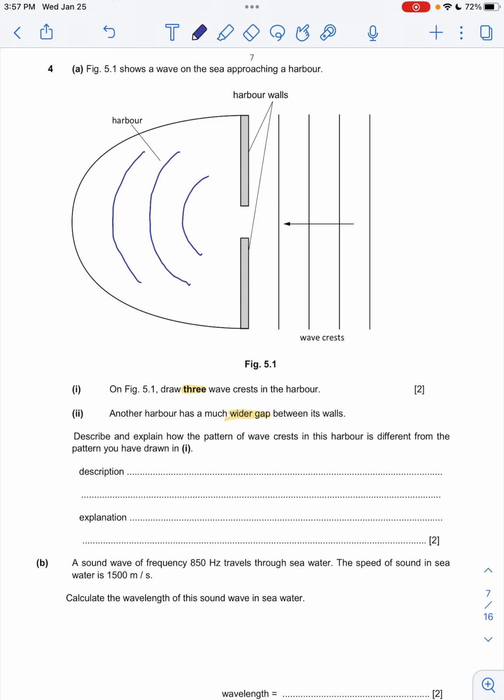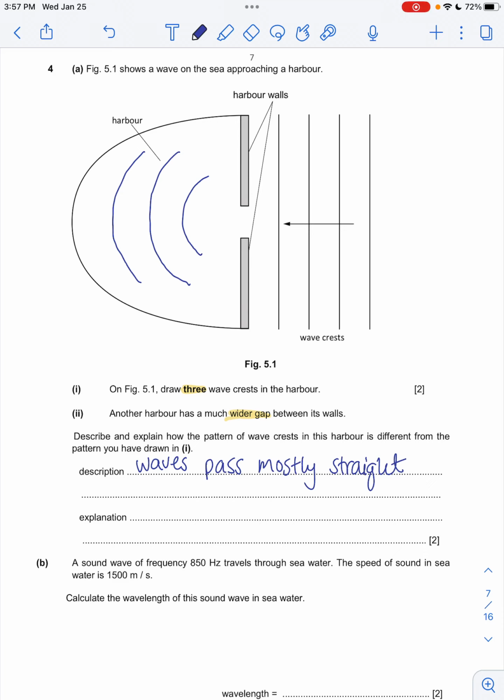When it says description, it is just telling me what happens. So what happens is that the waves pass mostly straight, or they don't curve as much, or something along those lines.